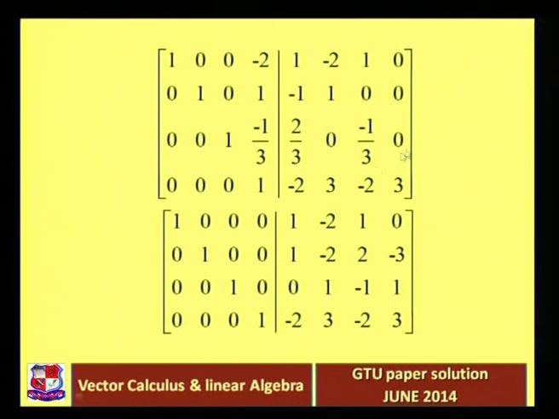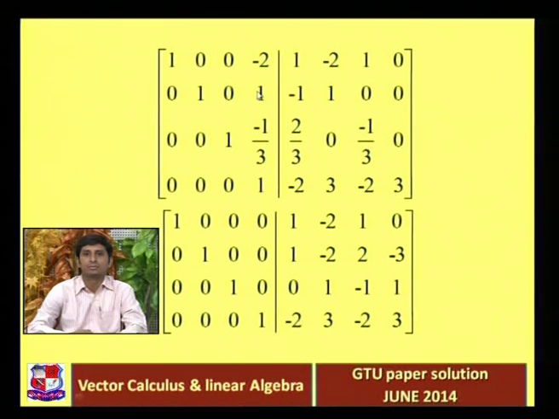Now we are multiplying the fourth row with 1 by 3 and adding into the third row, and also multiplying the fourth row with -1 and adding into the second row, and also multiplying the fourth row with 2 and adding into the first row. So now we have the identity matrix on the left hand side and other elements are this one.